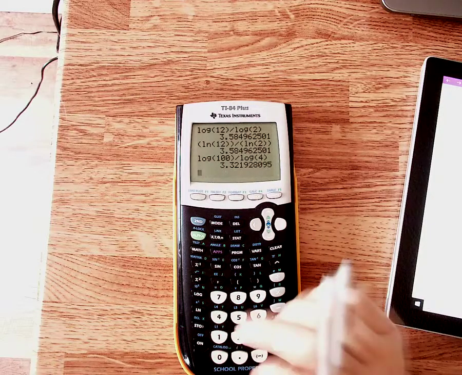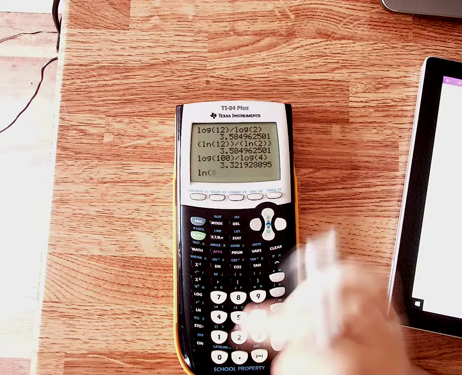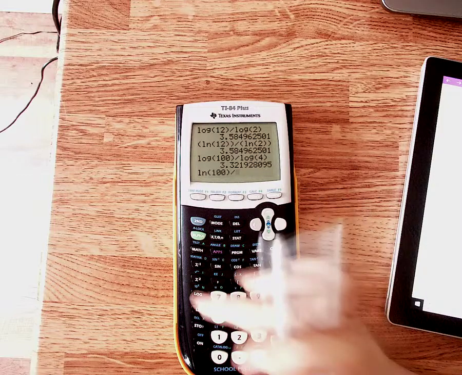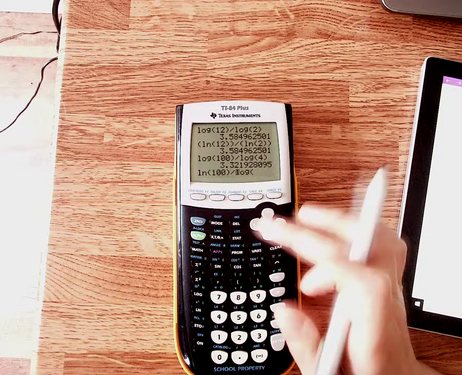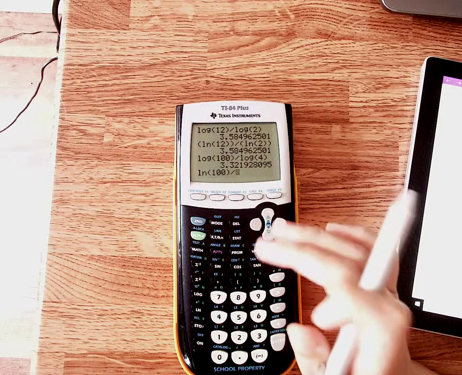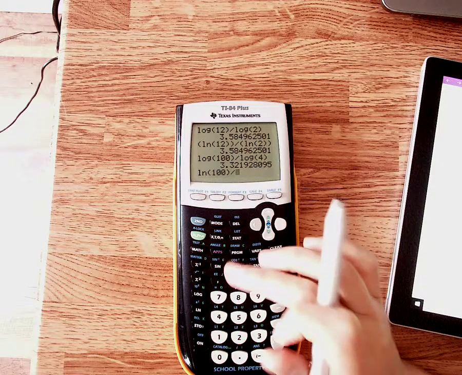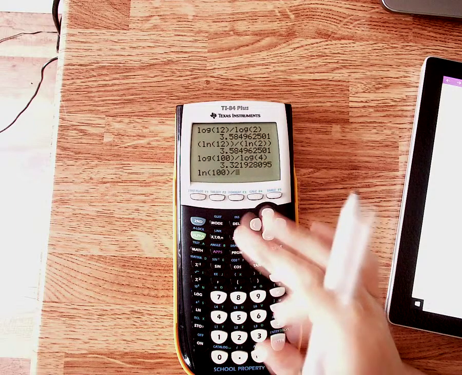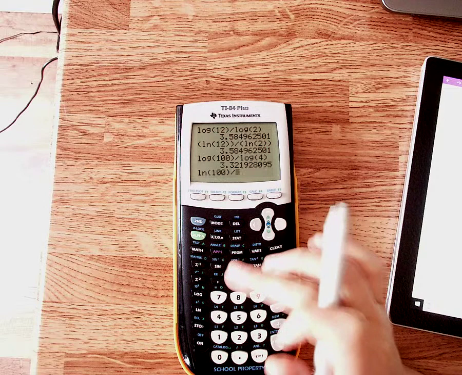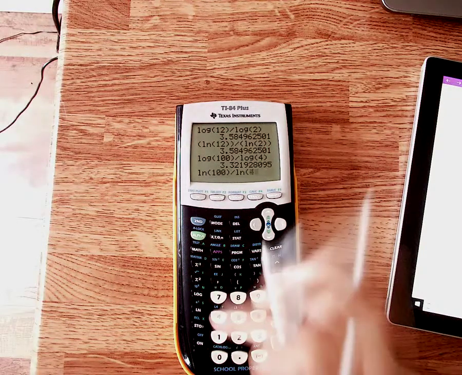If we use natural logarithm, we have a natural logarithm of 100 divided by natural logarithm. Oops. So you see, the two logarithms in the quotient must have the same base. If you use natural logarithm on the top, then the bottom has to be natural logarithm as well. 4.